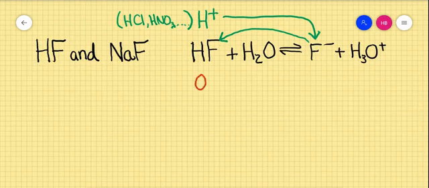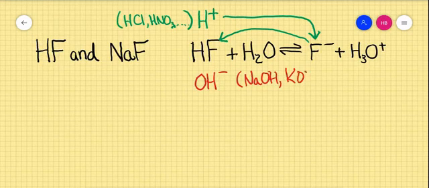If we add OH minus, in the form of a strong base, these are just some examples of strong bases. Their cations in this case are neutral, so they are spectator ions.